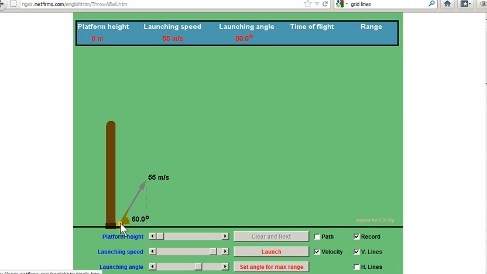So if there are no forces on it immediately after it's launched, by Newton's first law, no forces means constant velocity, which is constant speed in a straight line with the velocity it had immediately after it's launched. However, we're launching this object near the surface of the Earth at an angle of 60 degrees to the horizontal. So we have the force of gravity, or the weight of the object. And that means we will have an acceleration.